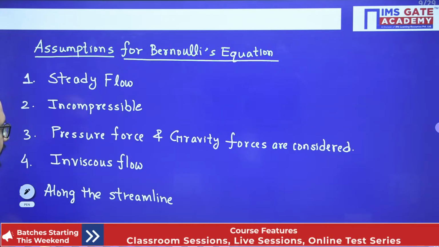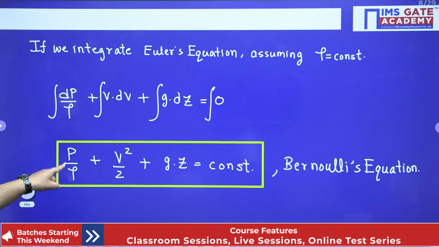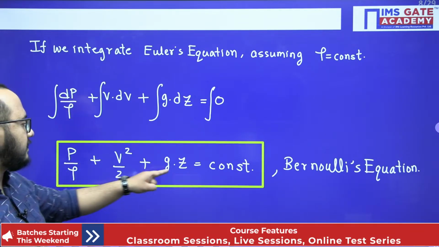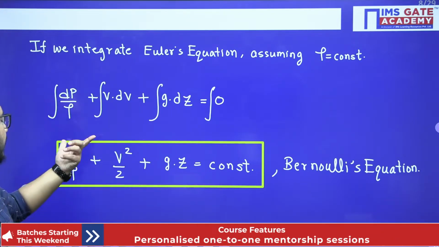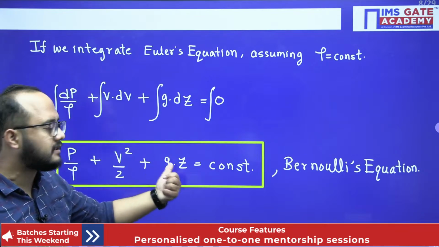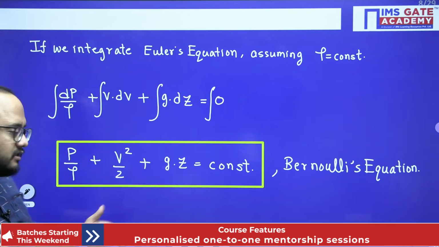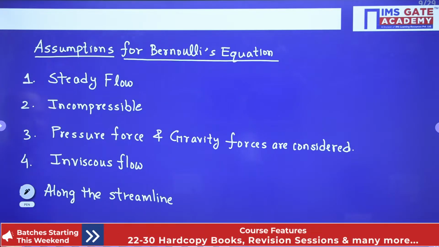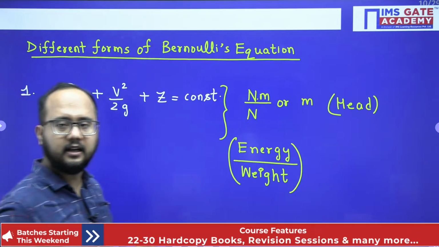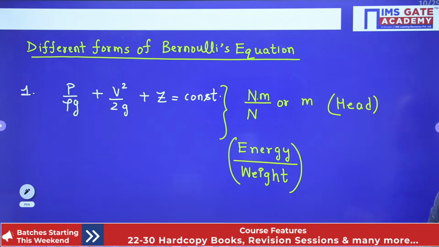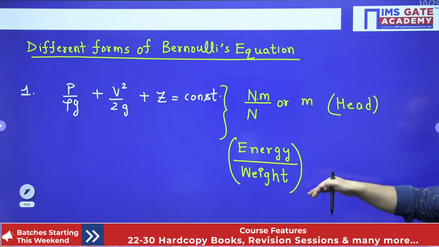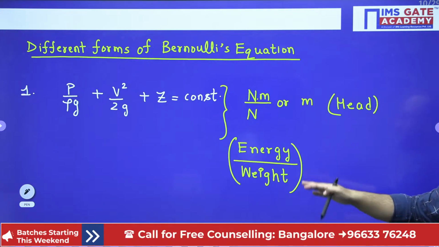Previously, when we derived it, you observed P by rho, V square by 2, and GZ. What I have done is divide the whole equation by G, so it becomes P by rho G, V square by 2G plus Z only. That is one format of the equation that we should remember. Any doubt? This is the most common format of Bernoulli's equation, and we should know the unit is energy per unit weight.